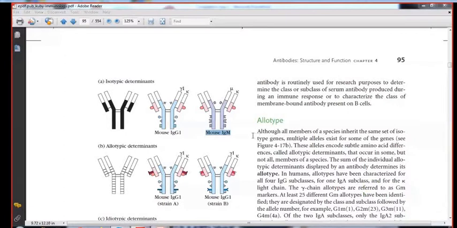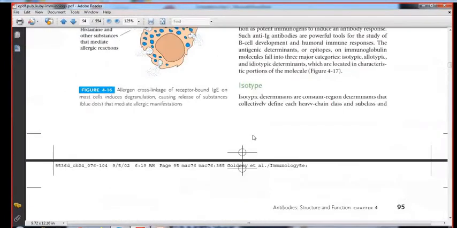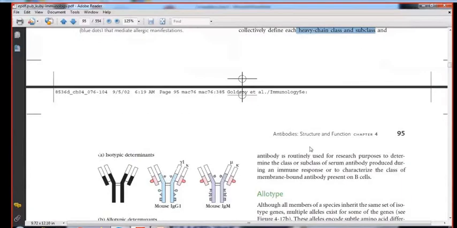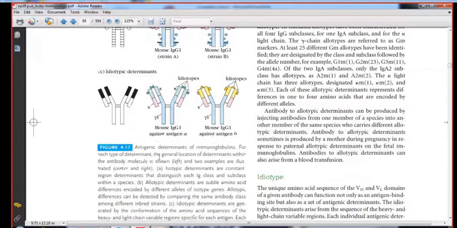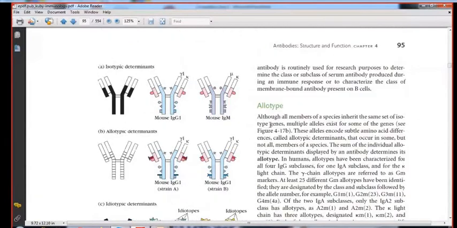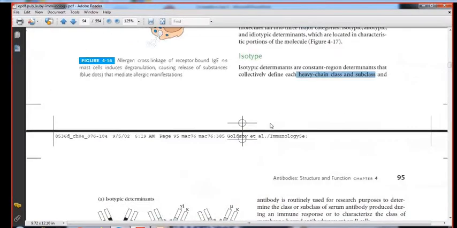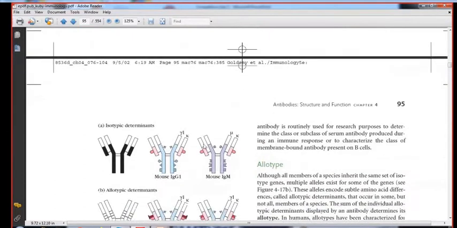What is isotype? Isotype determinants are constant region determinants. So we are determining the constant region only. The constant region of each heavy chain class and subclass and each light chain type and subtype are the same. Okay, so the constant regions are basically the same for heavy chain classes or light chain classes.